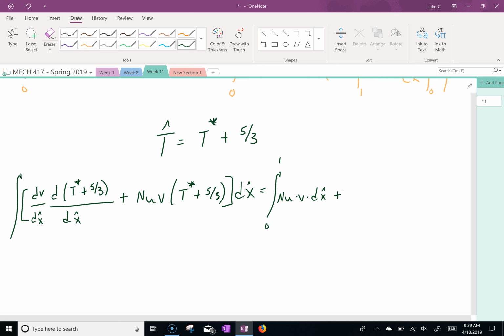And I'm going to plug some of these boundary conditions in. So v of 1 minus t, oops, parenthesis, t star at 1 plus 5/3.